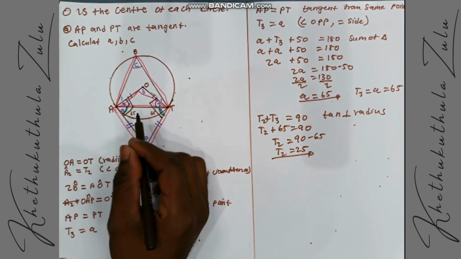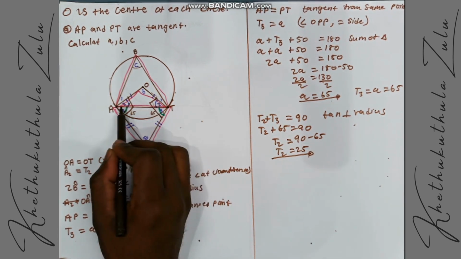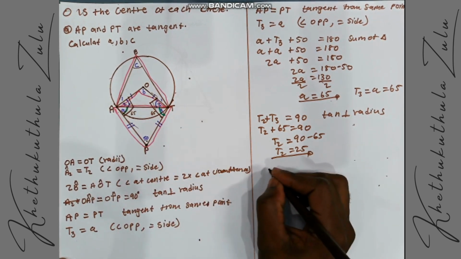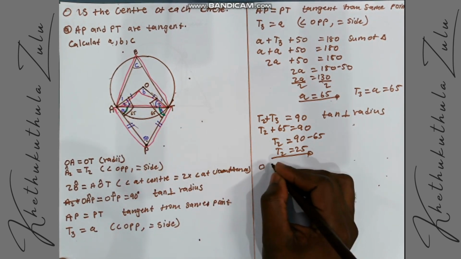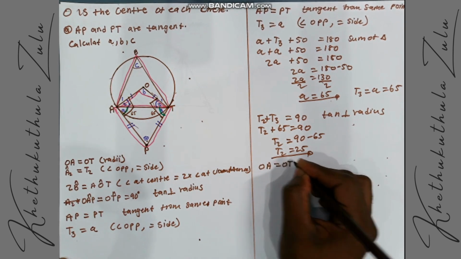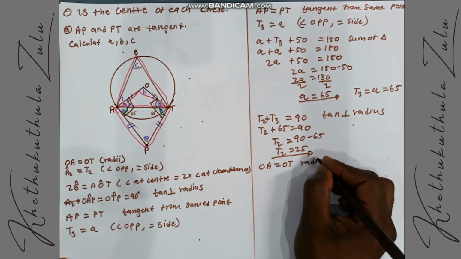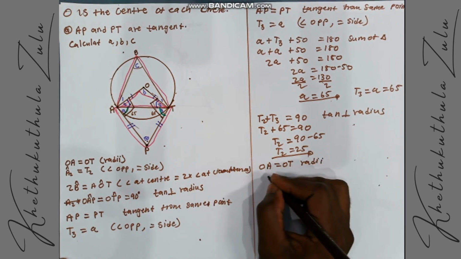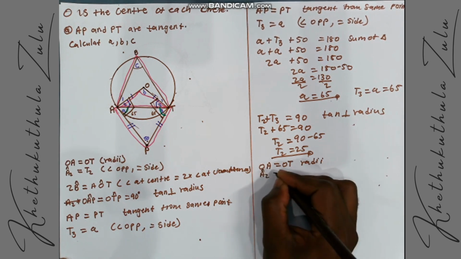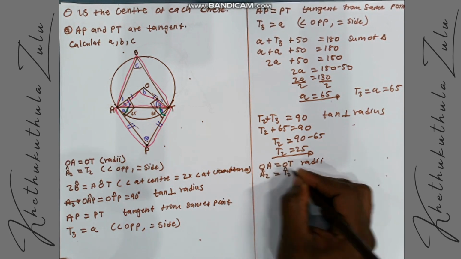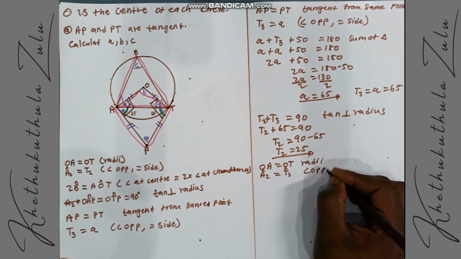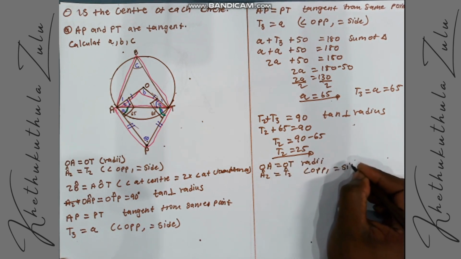Then from that we know that T2 and A2 are equal, since OA is equal to OT, as they are radii, and the angles A2 and T2 are equal because of the isosceles triangle, opposite equal sides.